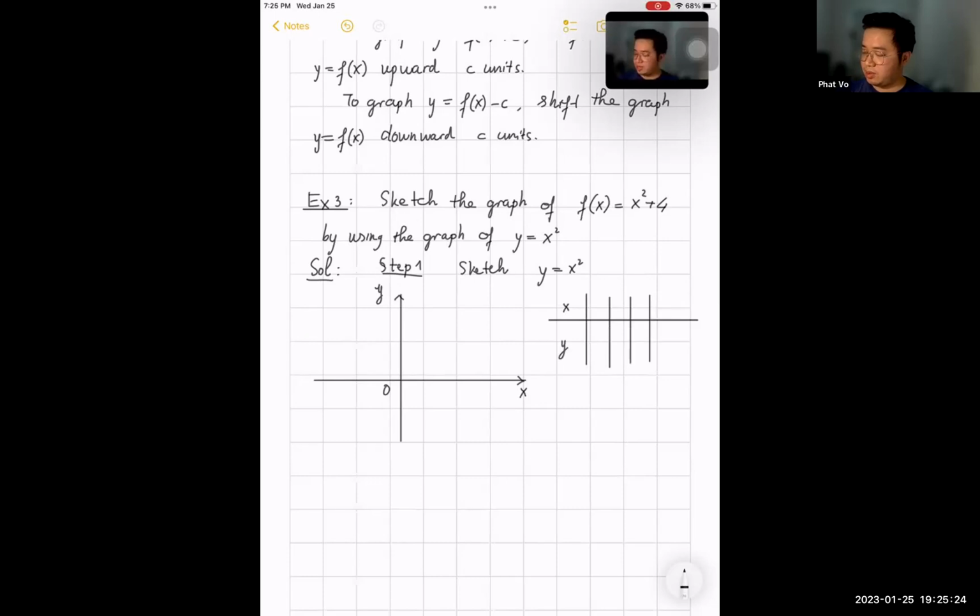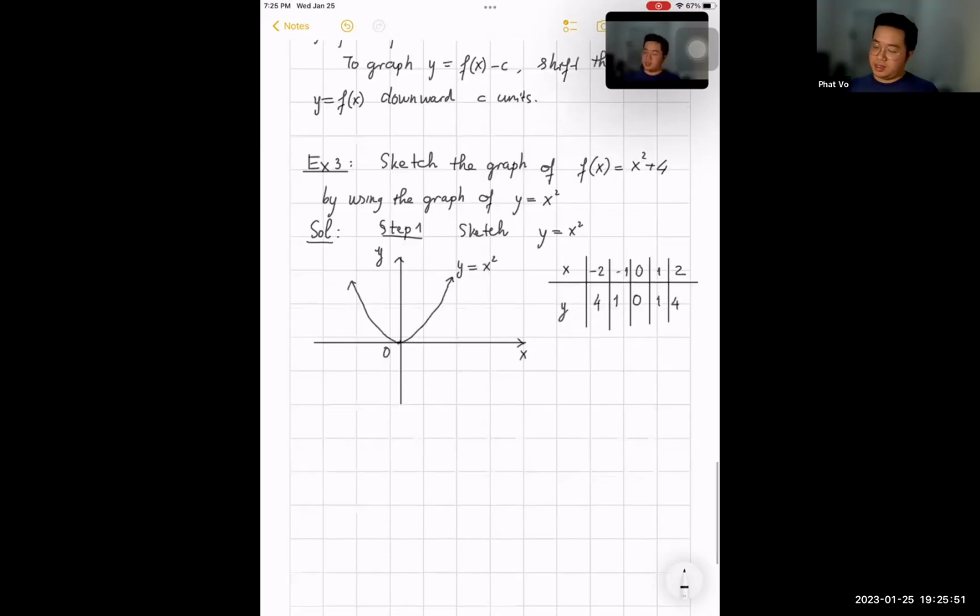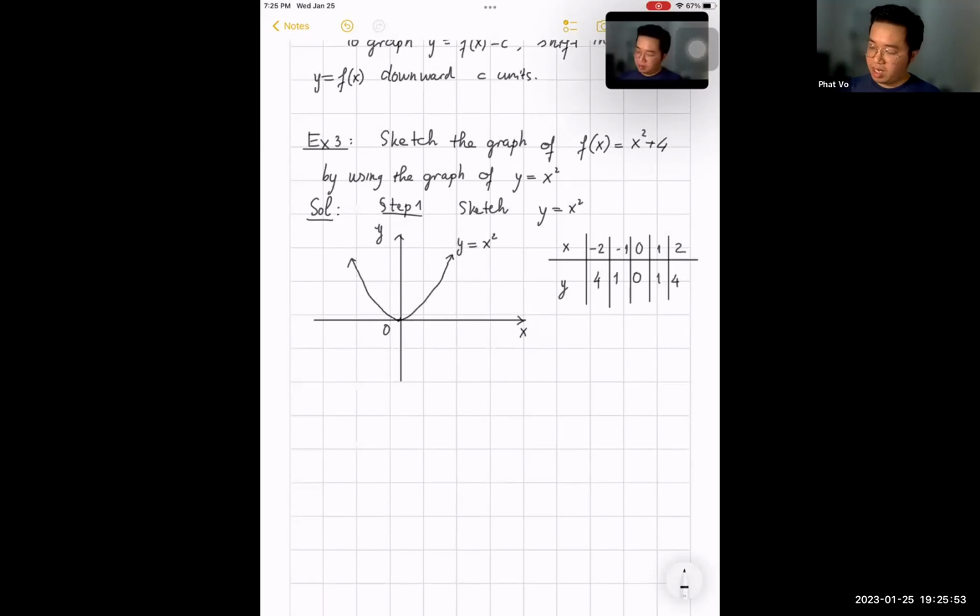I recommend you use 5 points when you sketch the graph of x squared. So if I start at 0, it's -2, -1, 0, 1, 2, and the values are 4, 1, 0, 1, 4. So the graph of x squared looks like this. Now I will use this graph to graph these functions.